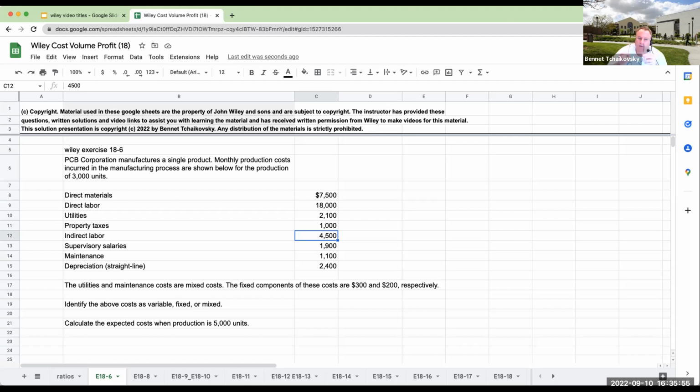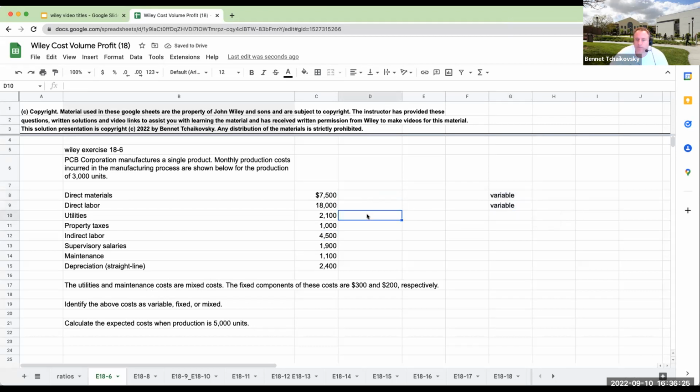The direct materials and direct labor we'll do together. If we were not producing units, we would not be incurring these costs, so these are both going to be variable. For the utilities, it tells us that utilities and maintenance costs are mixed.